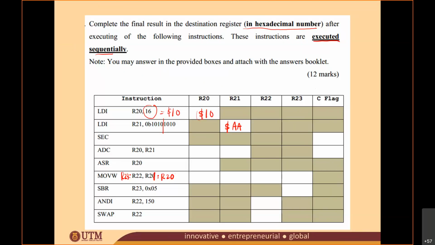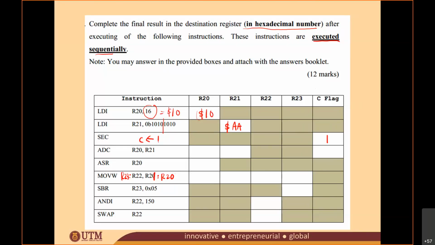Is it 1 or 0? By looking at your instruction set summary, it says that 1 is put into your C. So you know that the C equals 1.